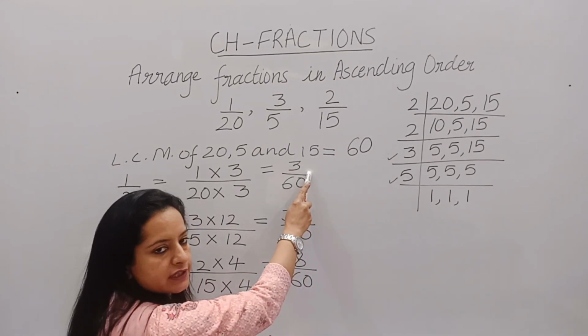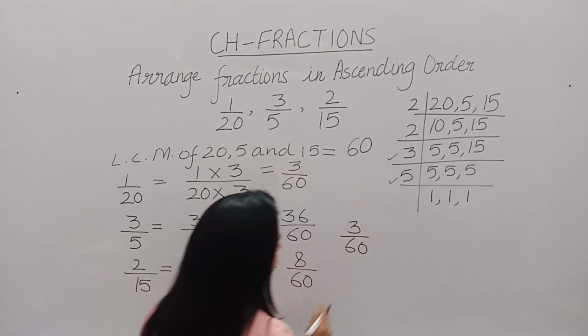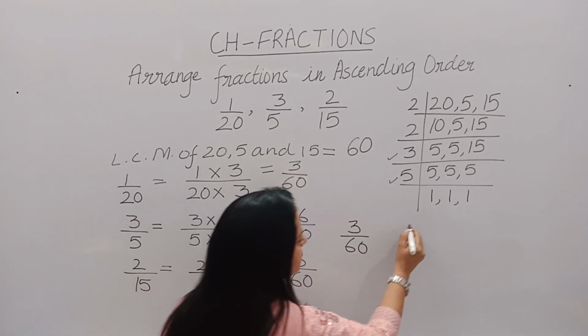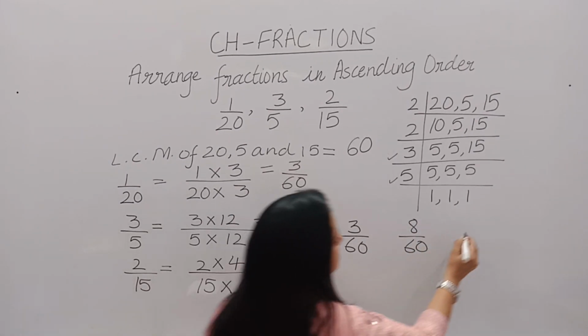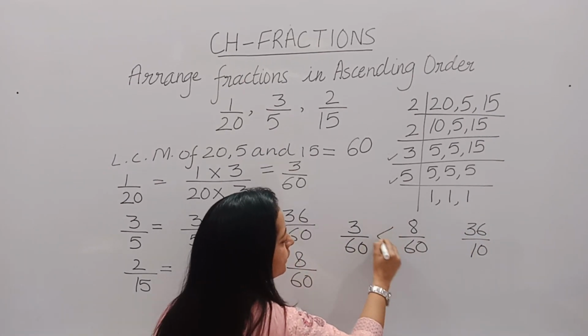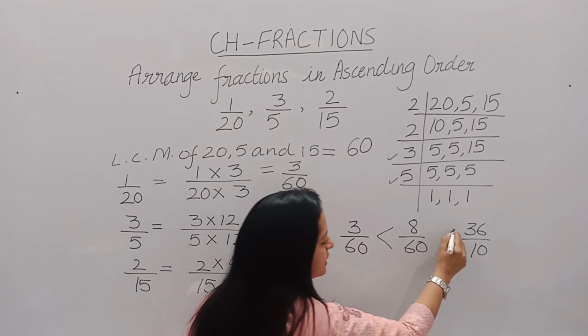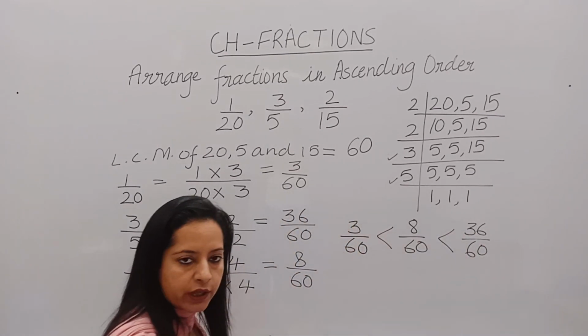Out of this, 3 is smallest. So first we will write 3 upon 60. Next we have 8 upon 60, and then we have got 36 upon 60. So this one is smaller, then we have 8 upon 60, and 36 upon 60 is the largest one.